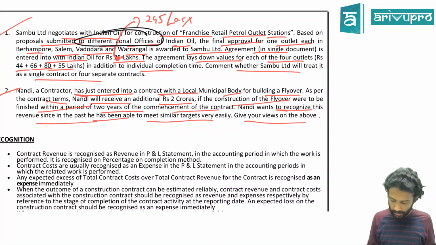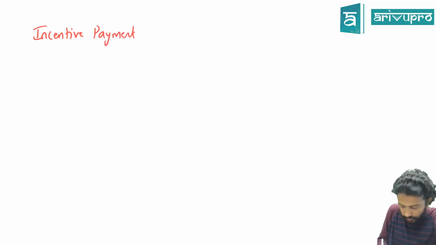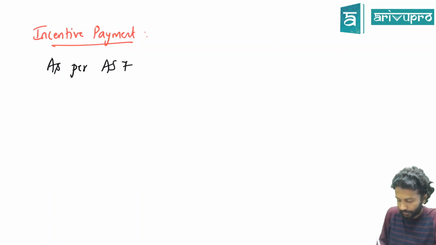So before we get to the answer part, there's a small concept. Write this down in a notebook. Something known as incentive payment. As per AS7, incentive payment means, the name itself is saying, additional payment that you're receiving.